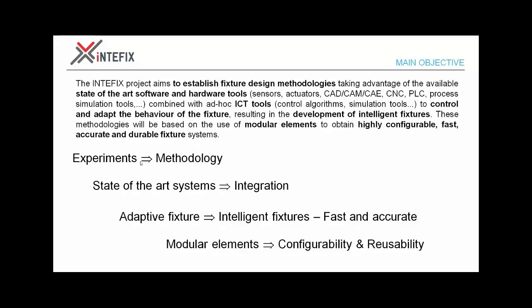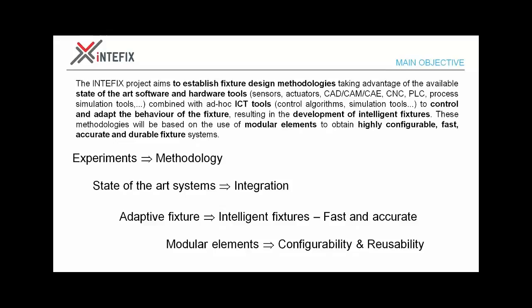That is, how can we use these systems in the development of the fixtures and be able to use these systems in machining processes and to obtain an advantage in that machining process. So that's why we want to develop a methodology and not only the experiments.